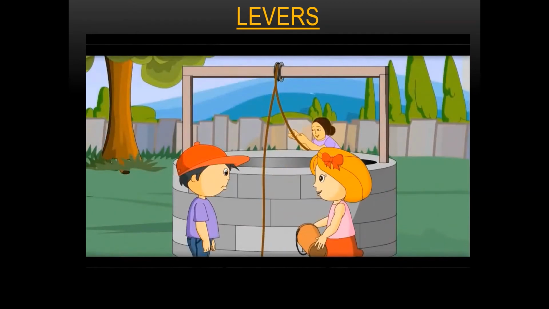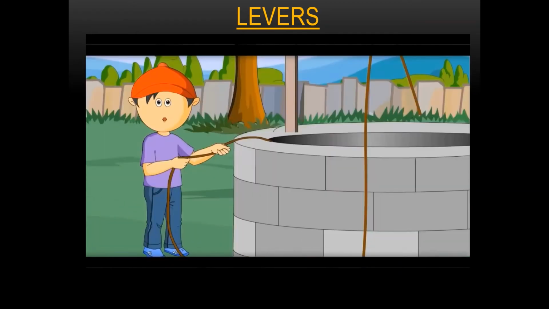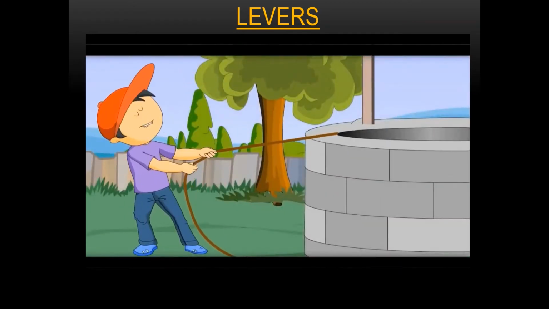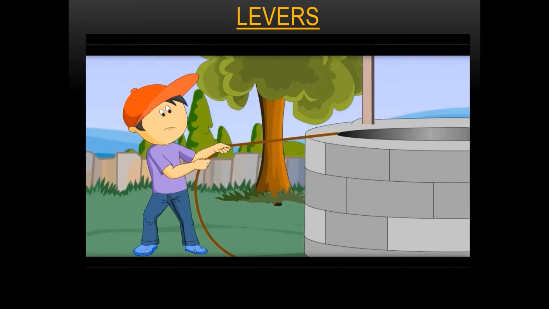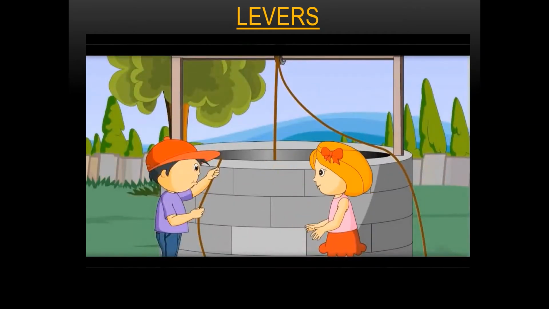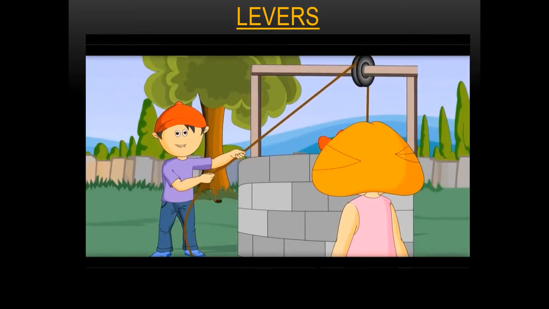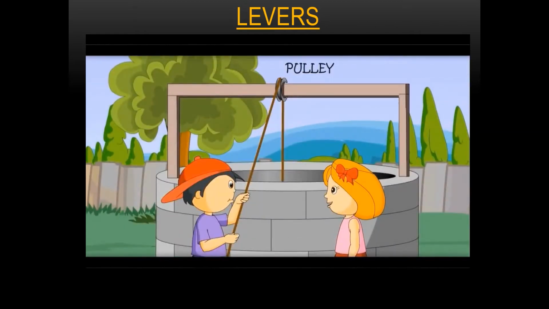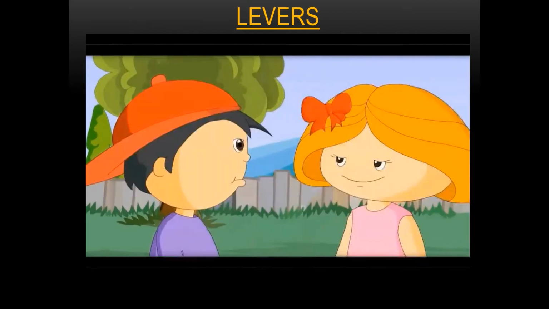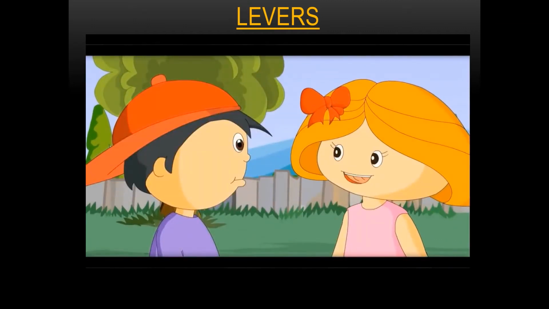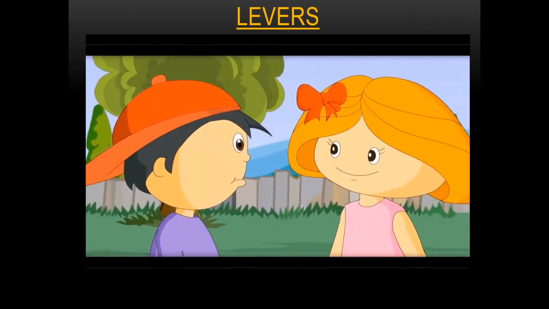Let me show you. Let me pull it. This is so difficult. Oh, now try to pull this bucket. Oh, it is easy to pull. You know, you could pull it because of the pulley. This is called a simple machine. What are machines? The instruments which make our work easier are called machines.